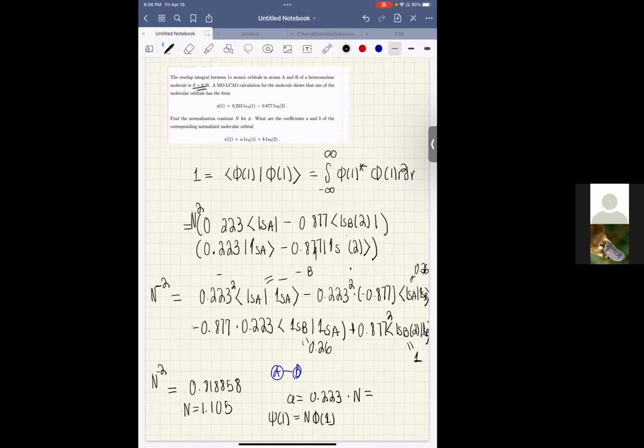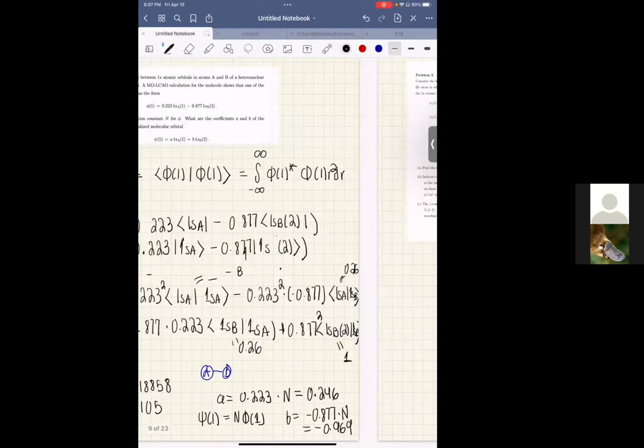And so multiplying by the normalization constant, we get 0.223 times 1.105, which is 0.246, and b is equal to 0.223 times n, which is not 223, negative 0.877 times n, which is equal to negative 0.969. All right, that solves that question.